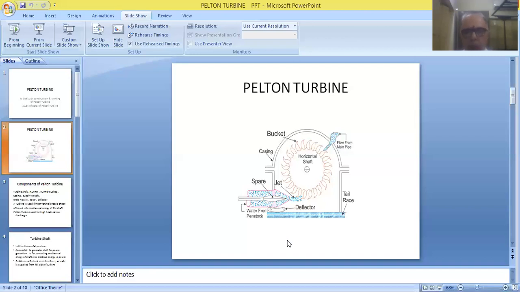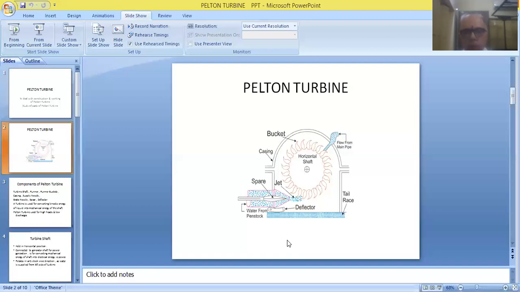As long as the turbine is in running condition, the shaft of the turbine, the runner of the turbine, and the blades fitted to the runner, the entire assembly will be rotating in anti-clockwise direction.